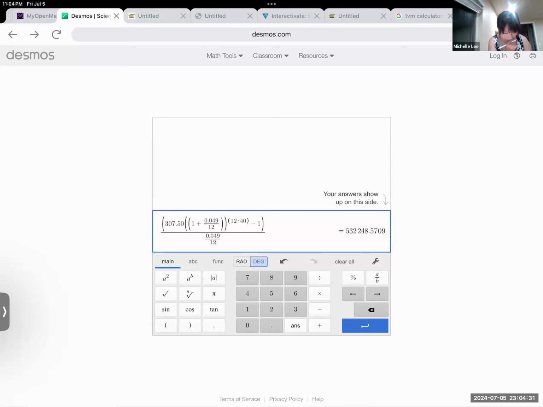Oh, I made a mistake somehow. I don't get the number. Let me check this one. I think there are too many parentheses, so the power does not read. Let me take out, is this the power?